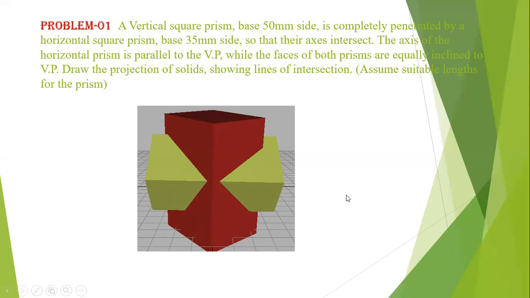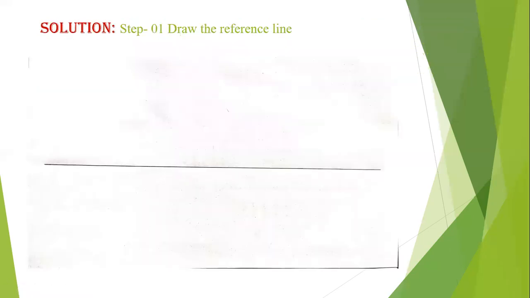Let us see the procedure for making. As we know, for every problem we have to draw the reference line. This shows the reference line drawn with the help of an HB pencil.